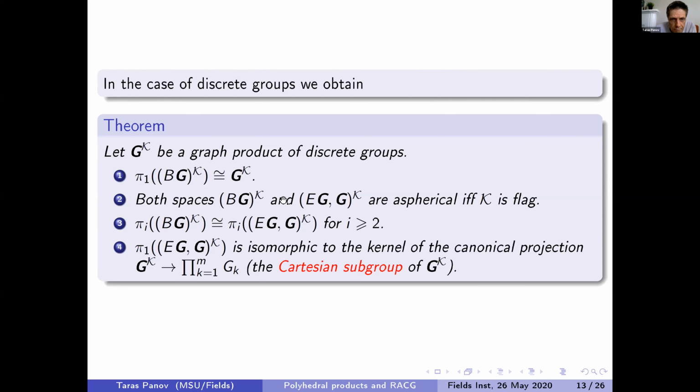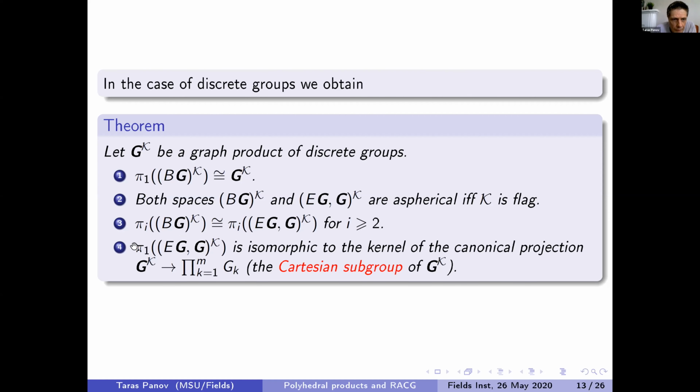But then asphericity holds if and only if K is flag. So higher homotopy groups vanish if and only if K is a flag complex. Then the higher homotopy groups of those two polyhedral products agree.